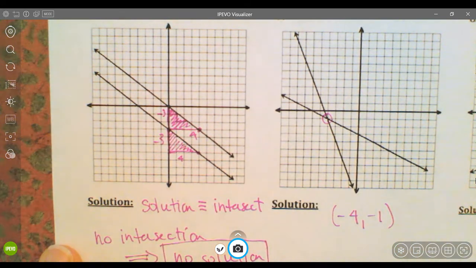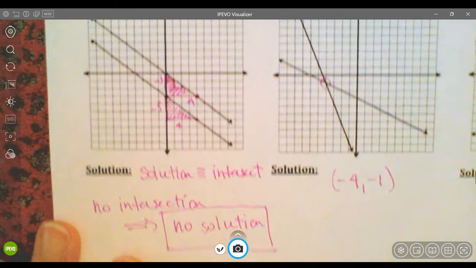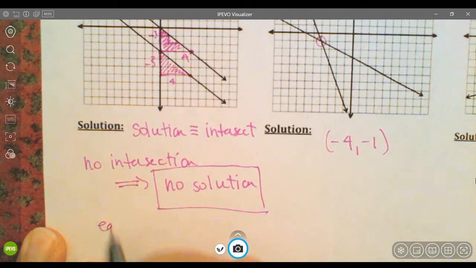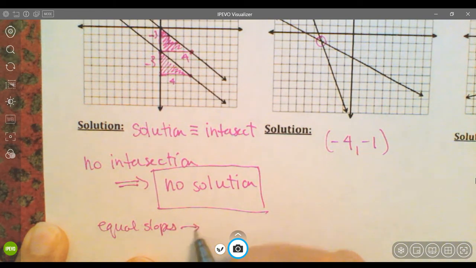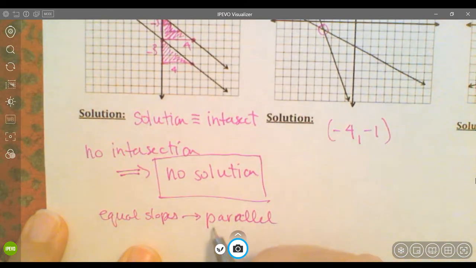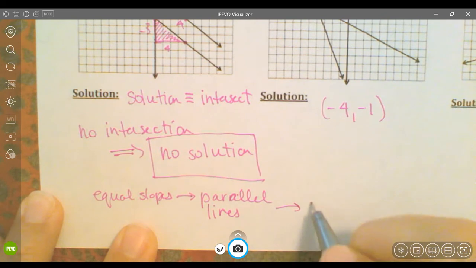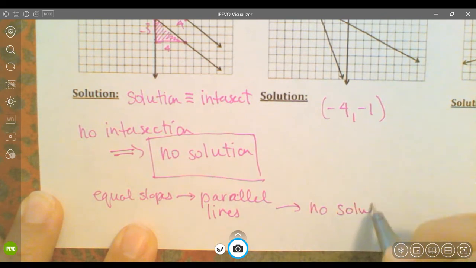So it looks like whenever you have equal slopes, you're going to get parallel lines. Equal slopes tell me I have parallel lines. And parallel lines tell me I have no solution.